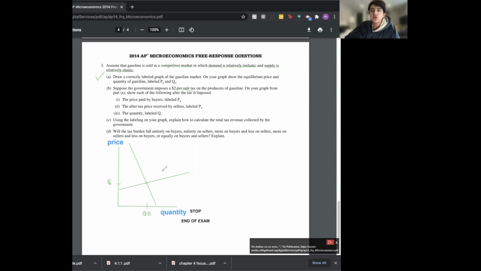If there's a $2 tax, that increases the cost of producing and selling the gasoline. So that would affect the supply curve, not the demand curve. And because there's a $2 tax, the price would be higher for gasoline. It would shift upwards and be something like this.